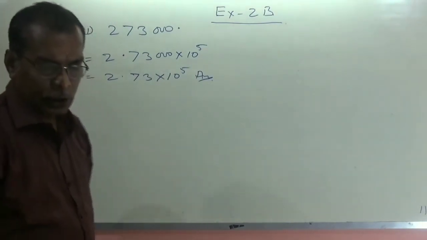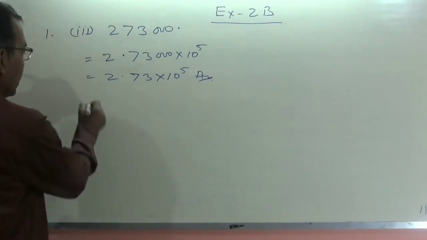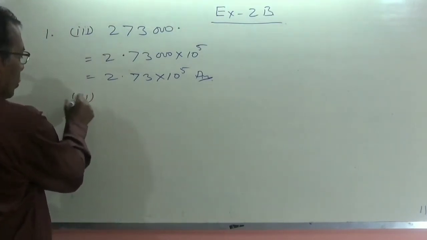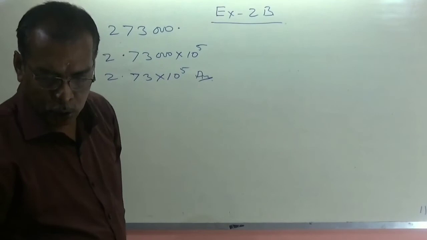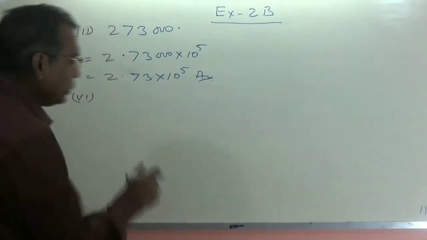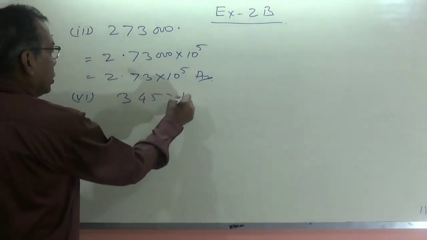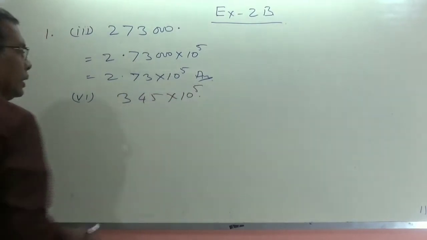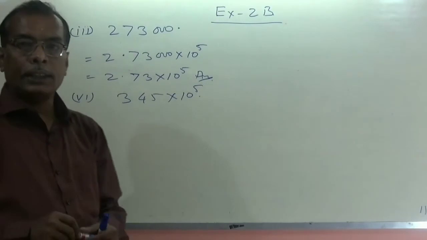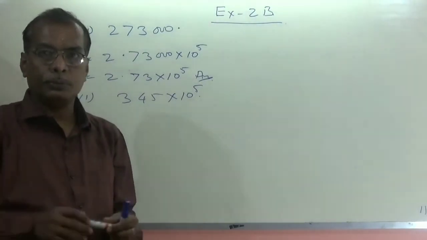Now one more question is there. I am finding this is question number 1, subpart 6. The question is 345 into 10 to the power plus 5. The question is saying to change the number into standard form.